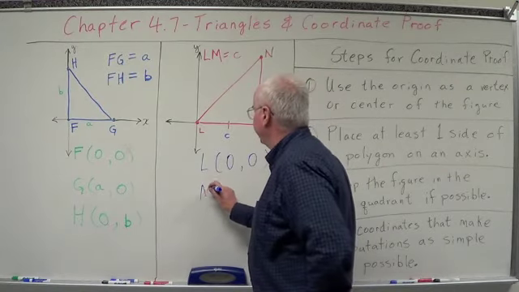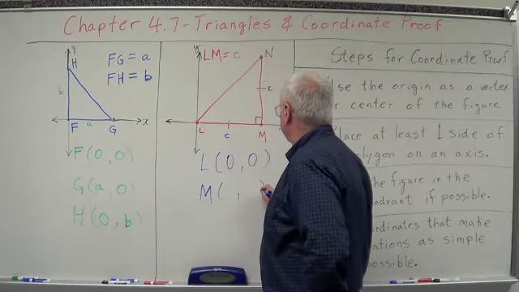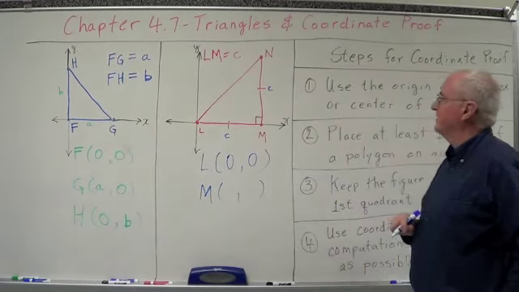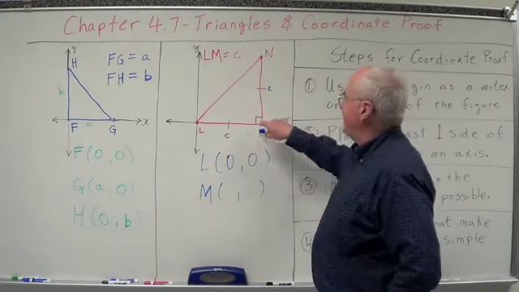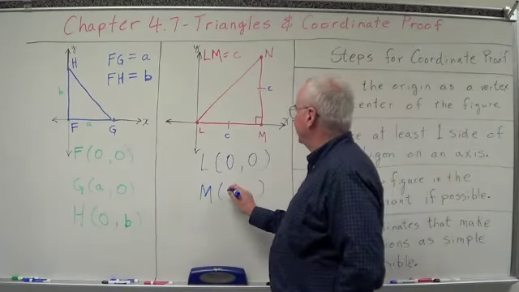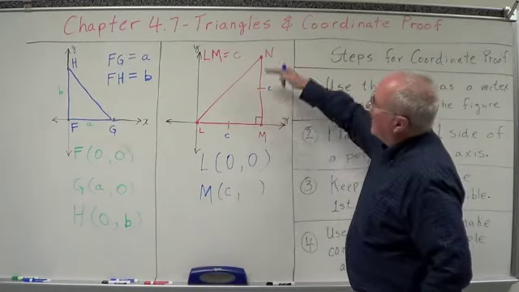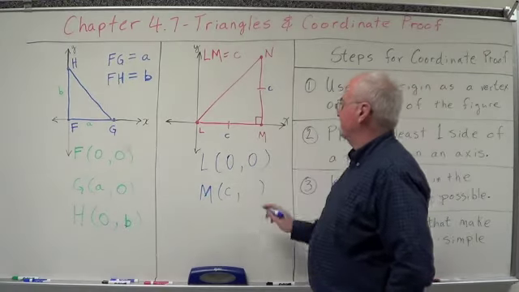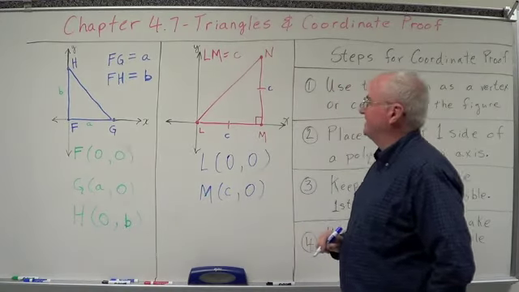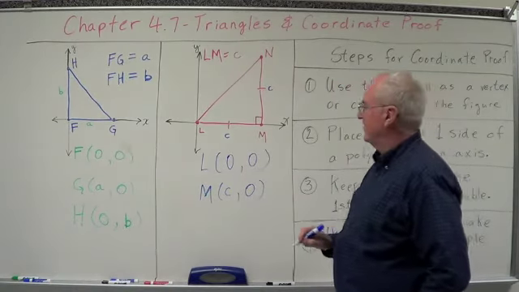Well, let's go get M. M is how far away from L along the x-axis? It's C away from L, so the distance is going to be C. How far away along the y-axis is M from L? Well, it's not. It's on the same axis. It's on X. So that's going to be 0.